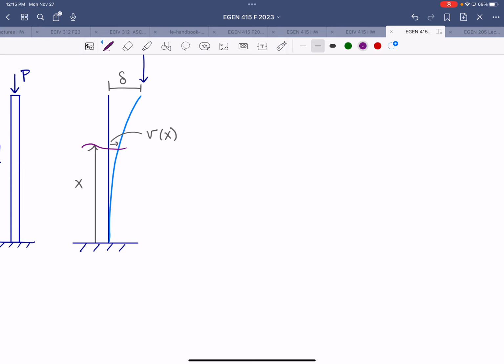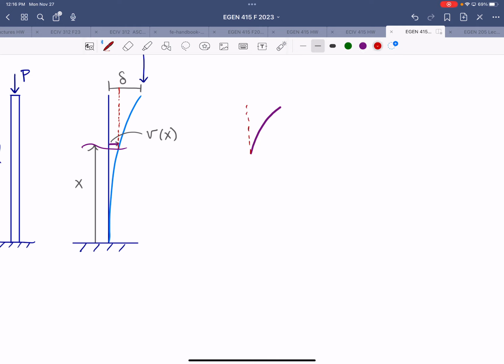All right, this distance represents the total deflection at that point. All right, so I'm going to just draw that dashed line, marking the location of the deflection from the original position. And then our free body diagram of the cut would then be something like this.